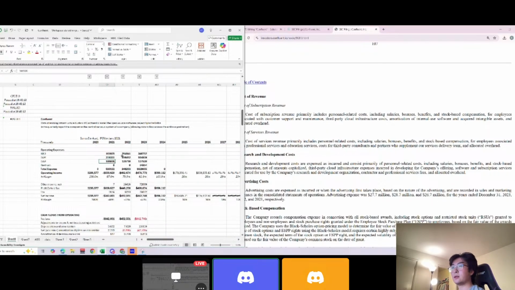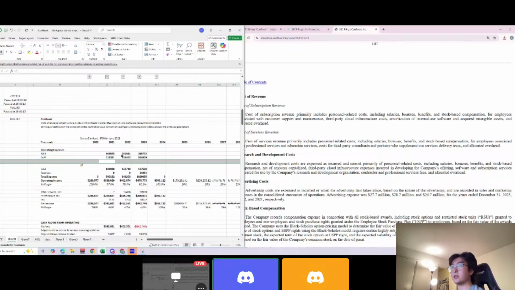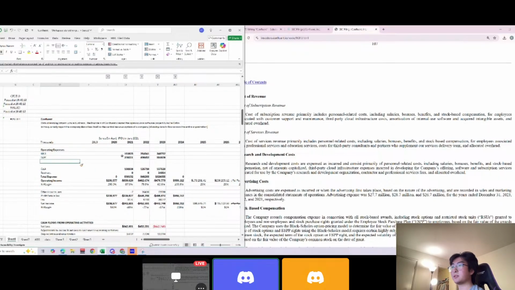Okay, so I think they mentioned specifically this line item of advertising cost. So they broke this down, which is nice.